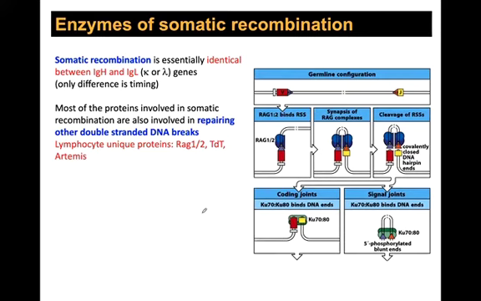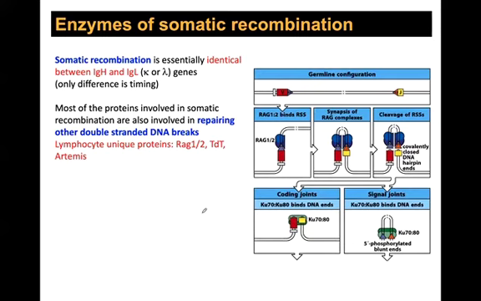One of the unique parts of the immune system is that you have proteins expressed in these developing B cells that are not expressed in other cells. And part of that is because in other cells, you don't want DNA repair to be sloppy. In developing B cells, you do. And so a lot of the proteins that are involved in somatic recombination are just normal DNA repair proteins.